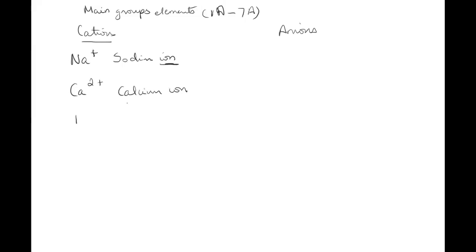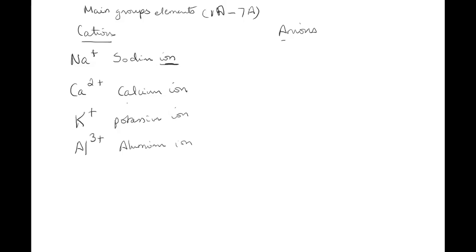We could see potassium, that's in group 1A, so it forms an ion with a +1 charge. I'm going to call it potassium ion. What about aluminum? We just saw that aluminum is in group 3A, which means it forms an ion with a +3 charge, so it's called aluminum ion, and so on. Okay, so it's pretty straightforward with cations.